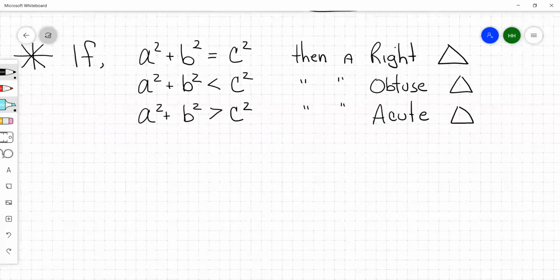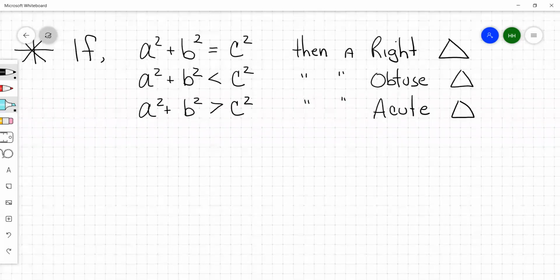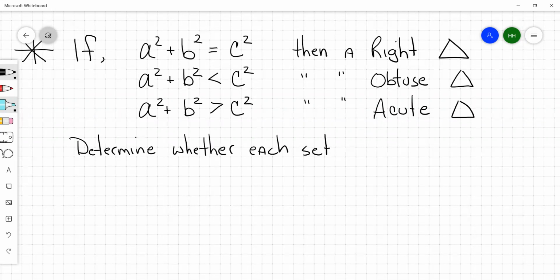All right, so in the last part of your assignment today, you're going to be asked to determine whether each set of numbers can be a triangle.